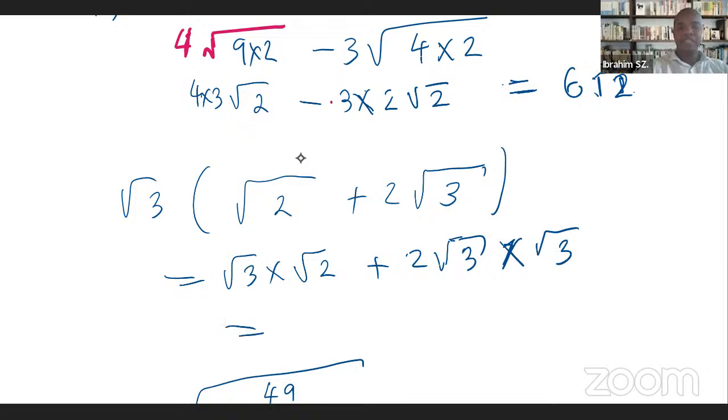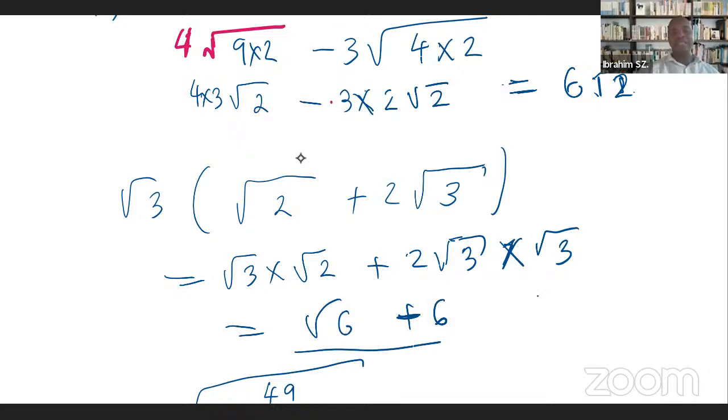So this is the same as square root of 6 plus square root of 3 times square root of 3. It will be 3, so 2 times 3 will be 6. And here the results, dear students.